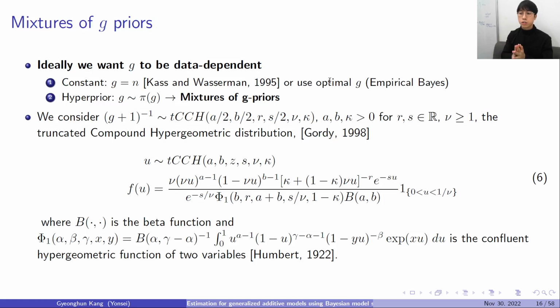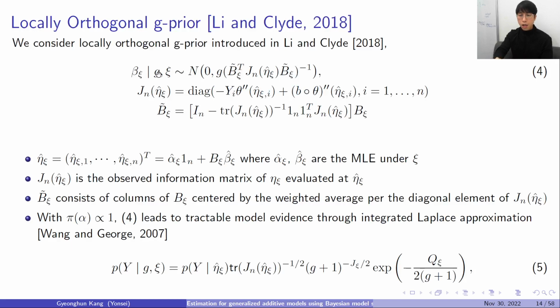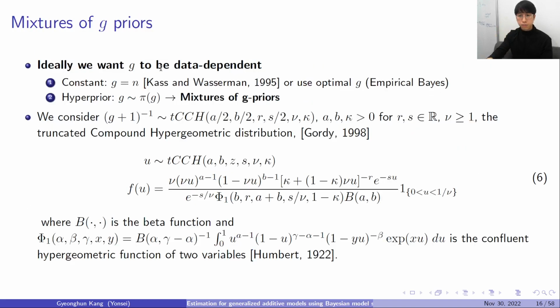Or we can use the optimal value of G by using empirical Bayes. But in this paper, we are focusing on the mixtures of G priors. If we specify a prior on G, then the prior becomes mixed over the possible values of G. This is why it's called mixtures of G priors.